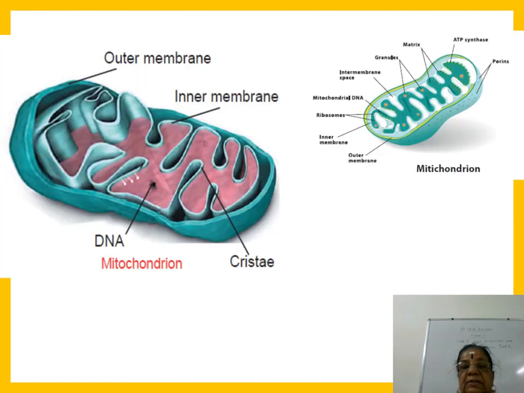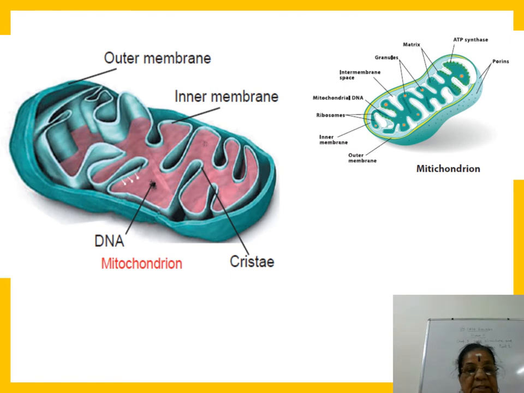Right? Now the diagram that you are seeing here: this is the outer membrane, inner membrane. The pink folds are called cristae. And then the pin-like small structures are the F1 particles. And then the dots are the DNA.